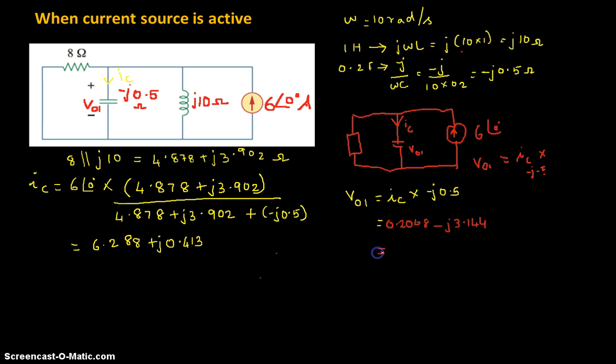We have to give the voltage value in polar form. So the polar form is 3.151 angle minus 86.23 degree volt. Thus we have calculated the voltage across the capacitor with the current source active.